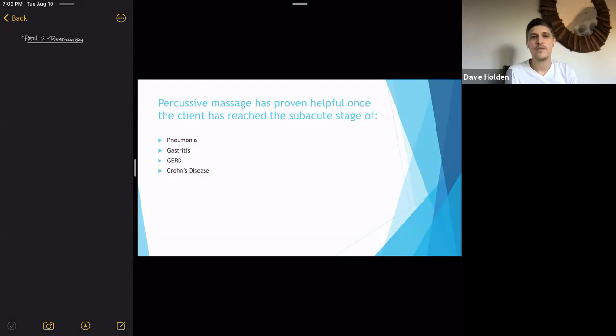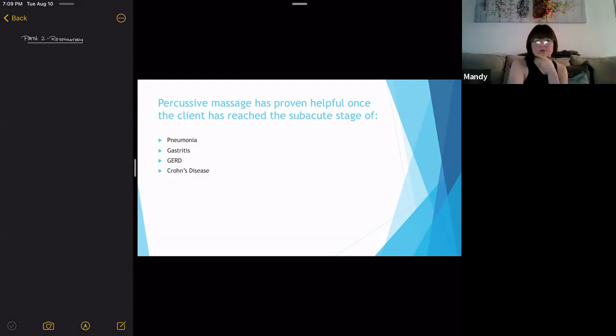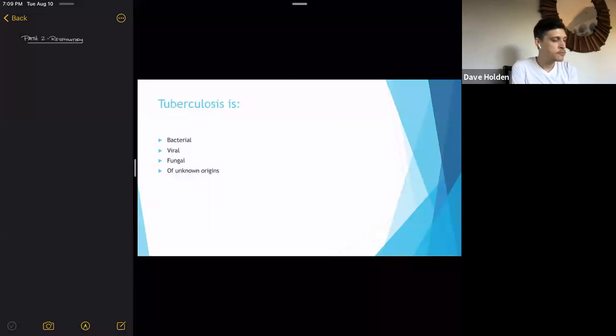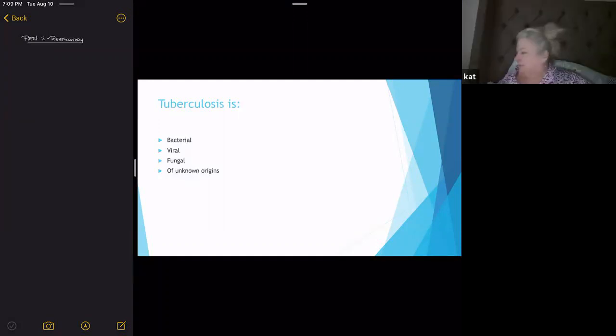Percussive massage has proven helpful once the client has reached the subacute stage of which condition? Pneumonia. Very good. Tuberculosis is bacterial.